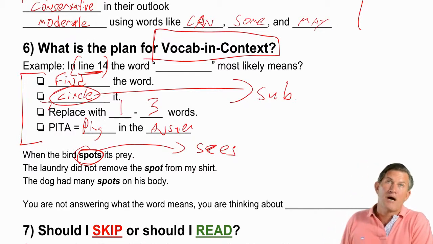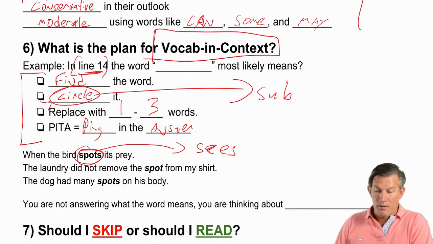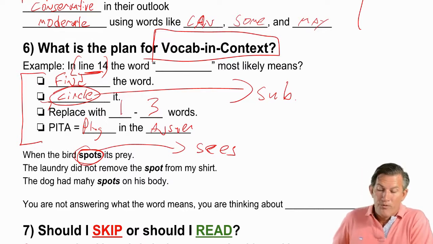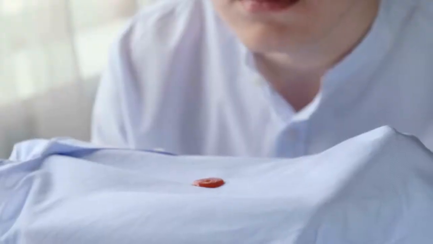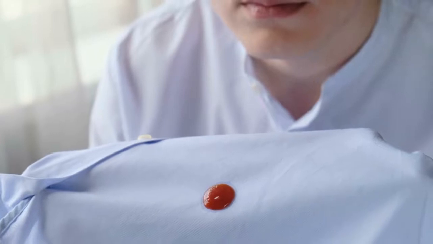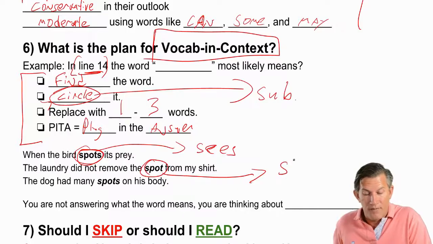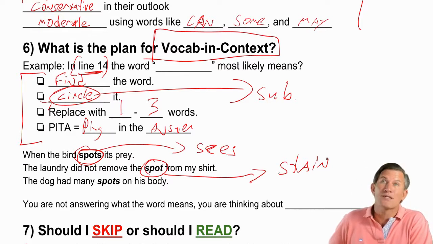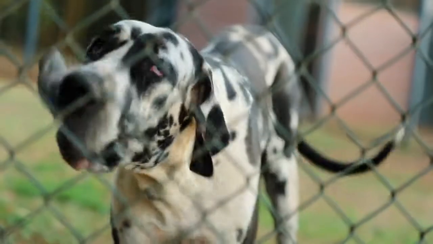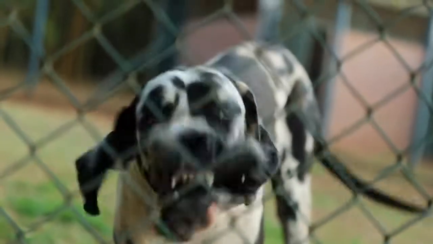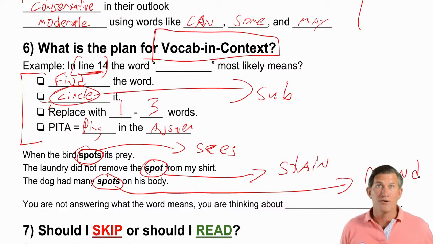A predator has to spot its prey. The laundry did not remove the spot from my shirt. I'm clumsy, I spilled coffee on it, but that spot basically means a stain in that sentence. My dog had many spots. These are round patterns on my dog's fur.